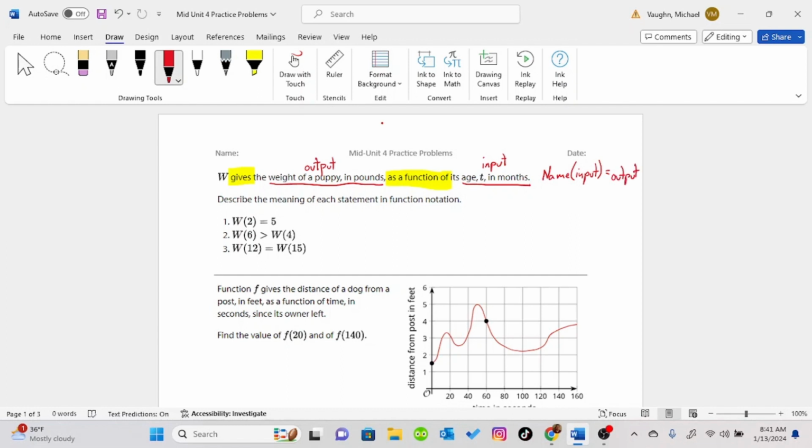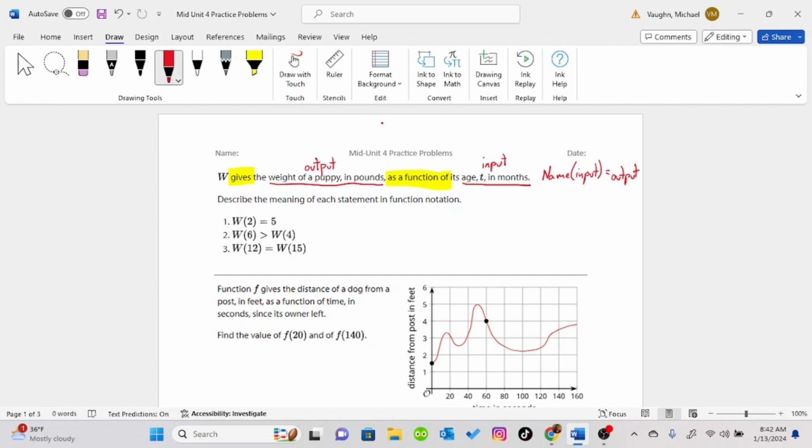So, here we see W of 2, so 2 is our input. And our input, we said, was age in months. It equals 5, and we said what it equaled is our output, so 5 is the weight of a puppy in pounds.